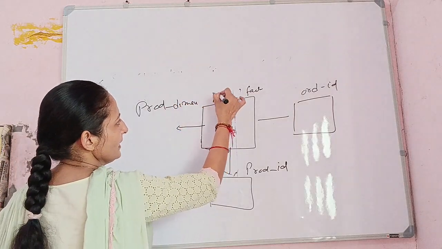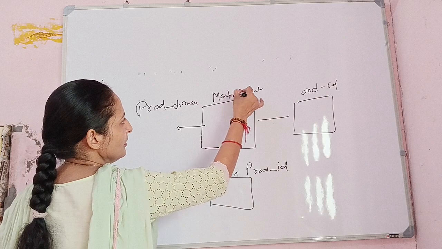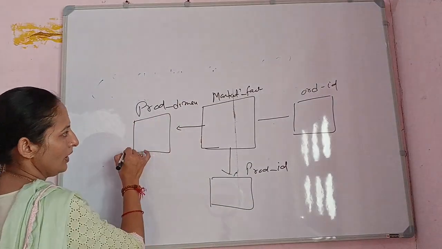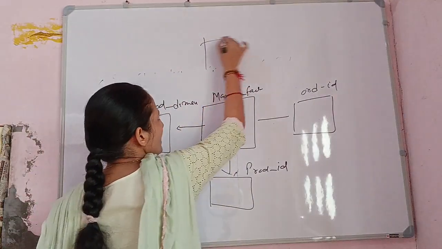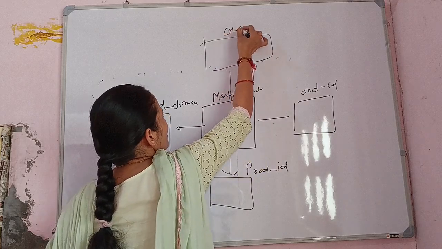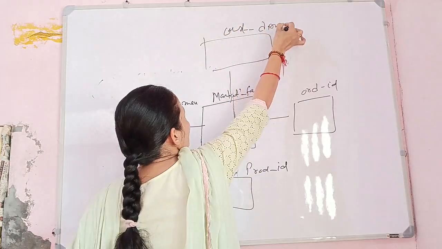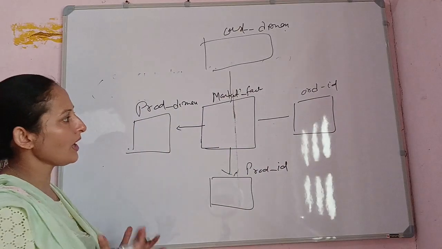We are doing this market, and we have a customer dimension. So this is a schema. This is a star schema.